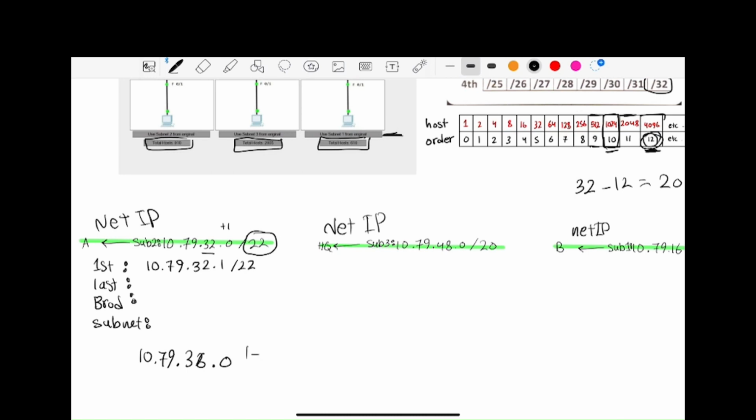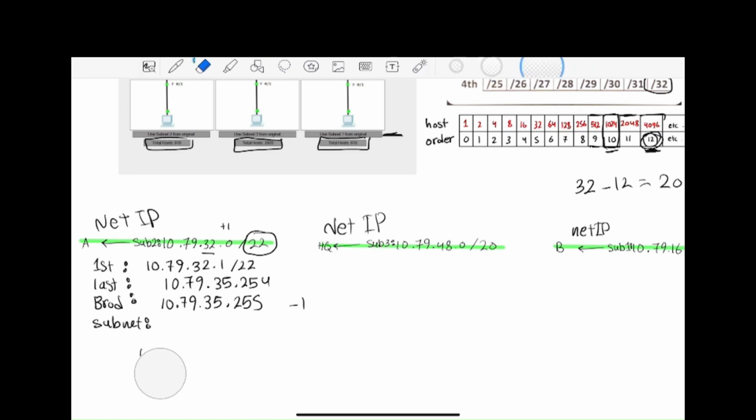When we subtract 1, we will get the broadcast IP, and when we subtract 1 again, we will get our last usable IP. We don't need this anymore.